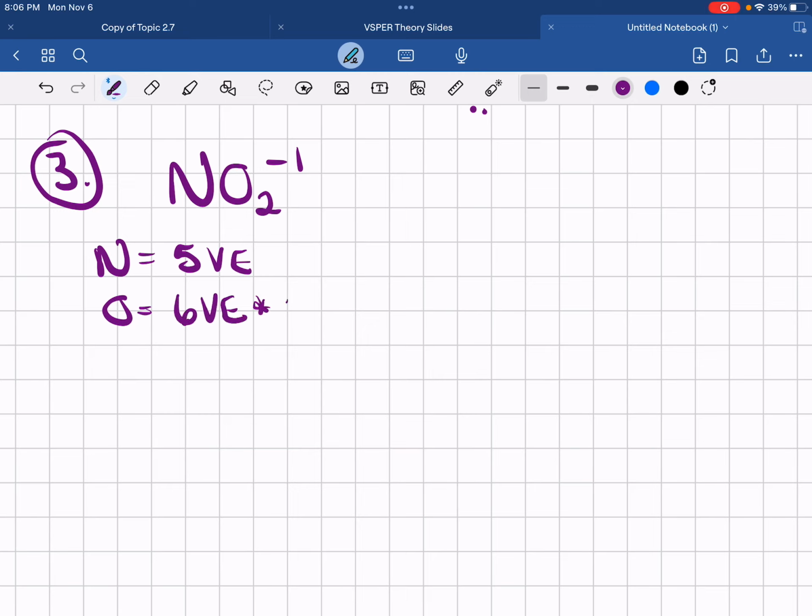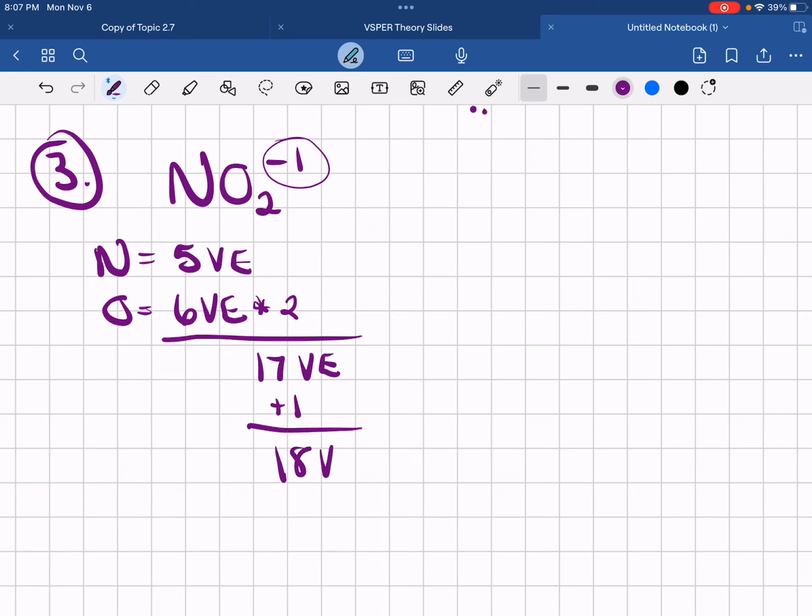There are 2 of them. And so if we add them together, we would have 17 valence electrons, which you already know is a problem because we can't have an odd number of valence electrons when everything needs to be in pairs. So this negative right here is actually going to add an extra electron to give us 18.